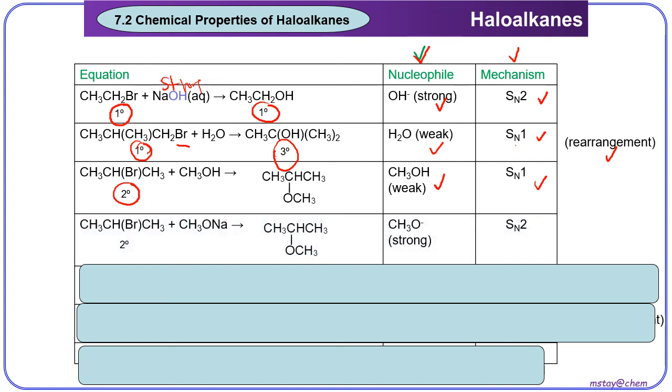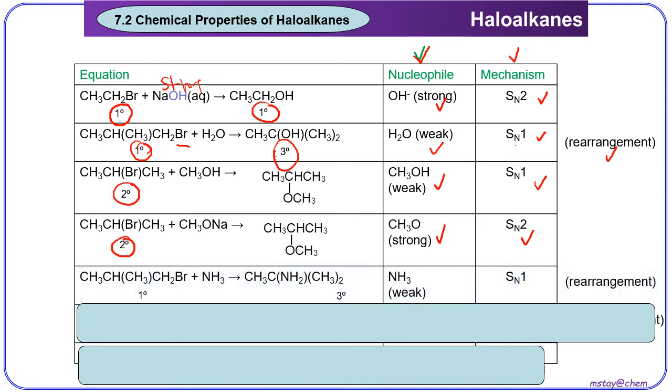Next one is the secondary haloalkane with strong nucleophile, and again there is no rearrangement, so you have to use Sn2 for the mechanism. Next one is primary haloalkane reacting with weak nucleophile with tertiary product. So that means there is rearrangement and it involves Sn1.